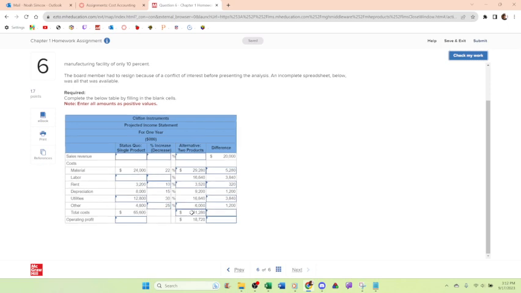Now we can figure out the difference between this one and this one. So this times something equals this. So the something is this divided by this, 81. So it's 23 point... Oh, come on.